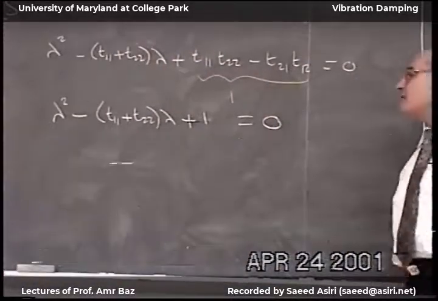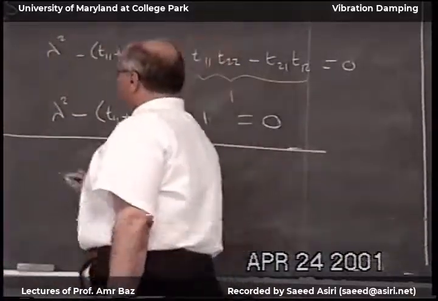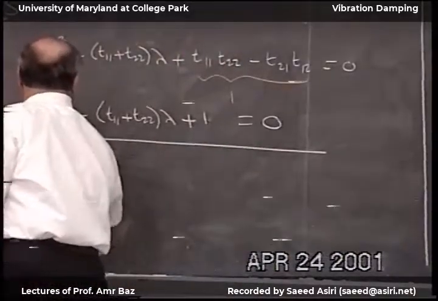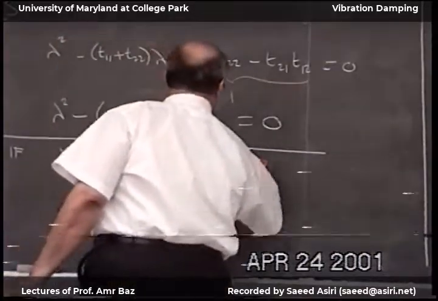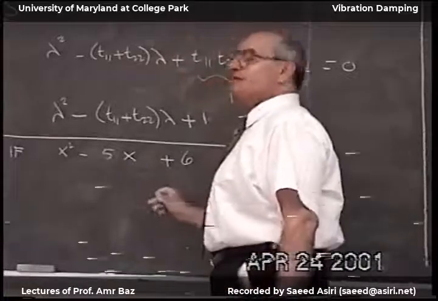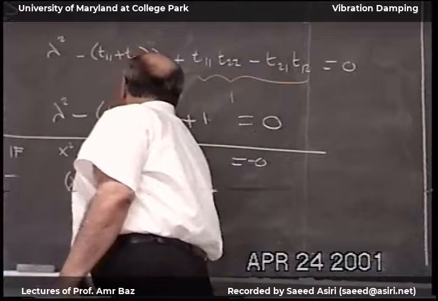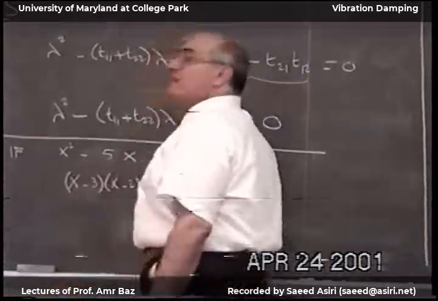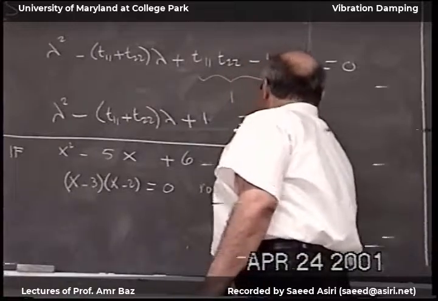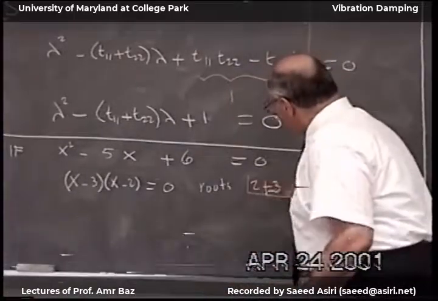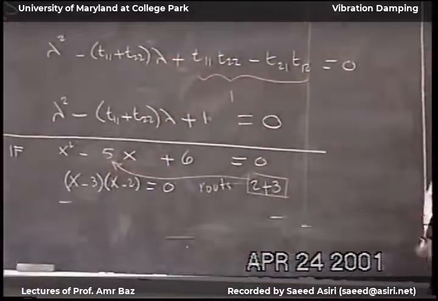Then what we can say now, for example, if x squared minus 5x plus 6 is equal to 0, this says that I have x minus 3, x minus 2 is equal to 0, and the roots are 2 plus 3. 2 plus 3 is this number, okay?